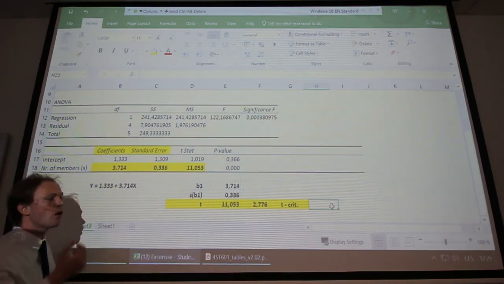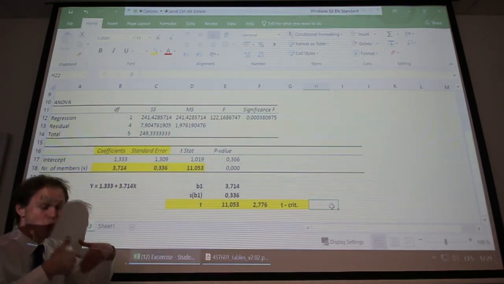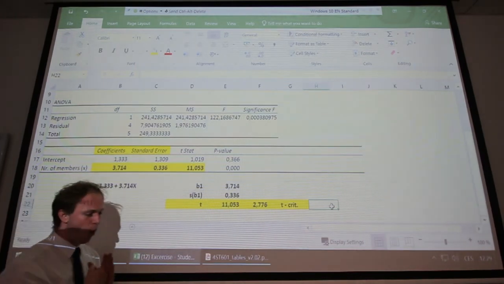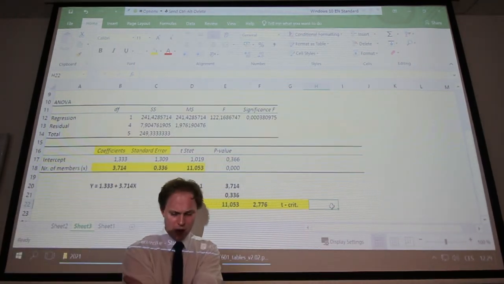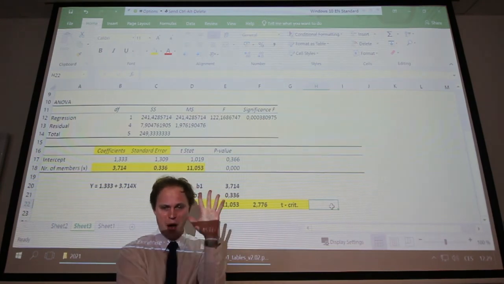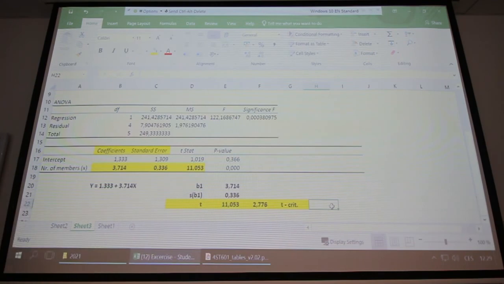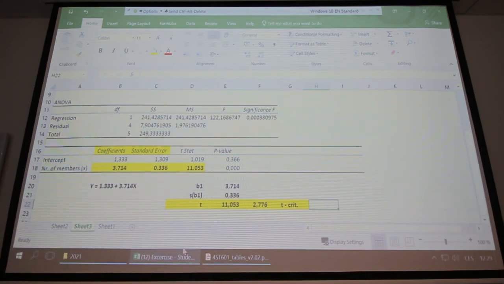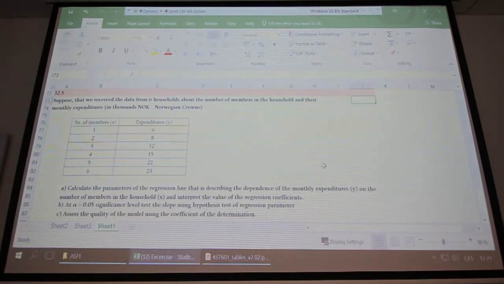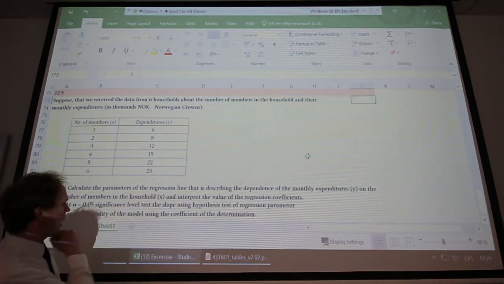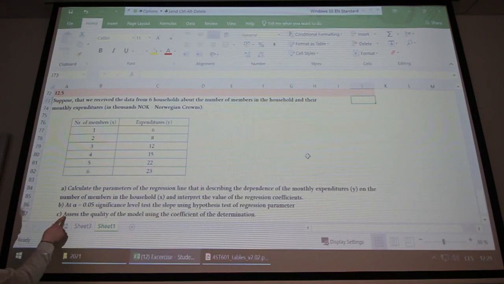So we proved that this slope parameter is statistically significant at the 5% significance level. We have a statistically significant regression slope. So we tested the slope using the hypothesis test of regression parameters.